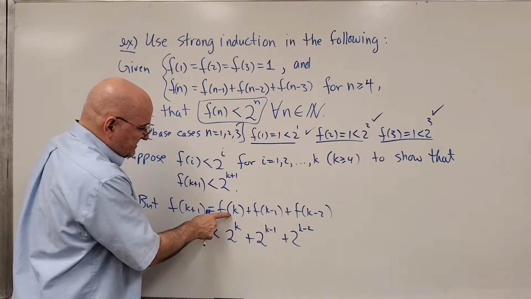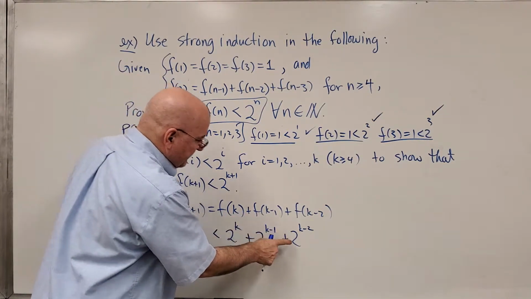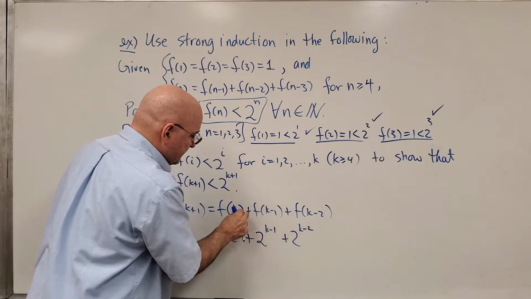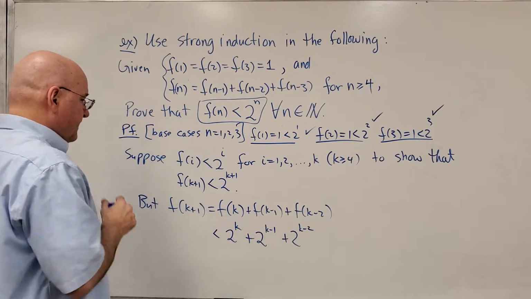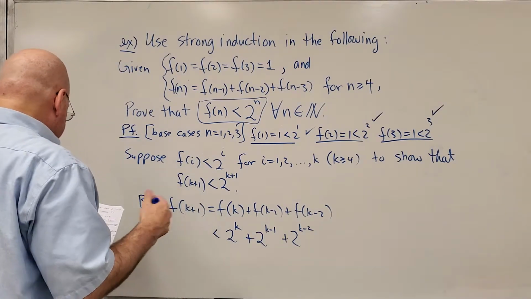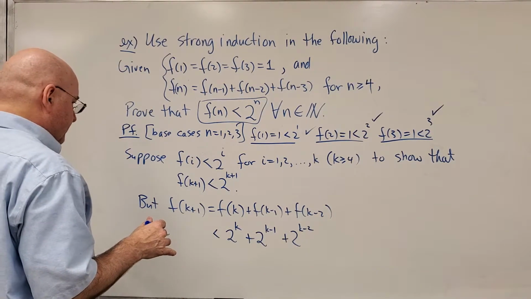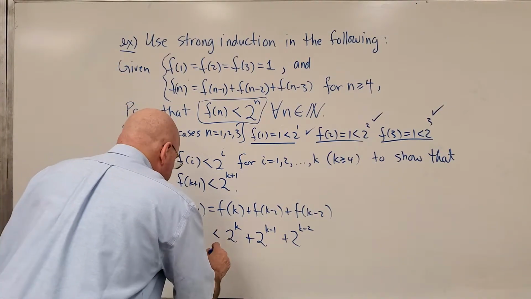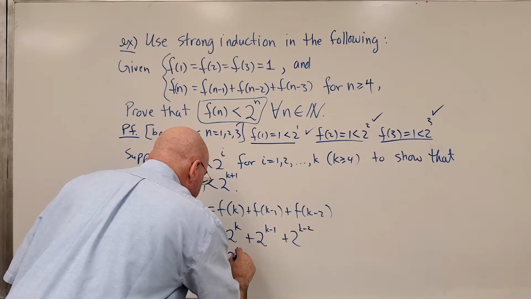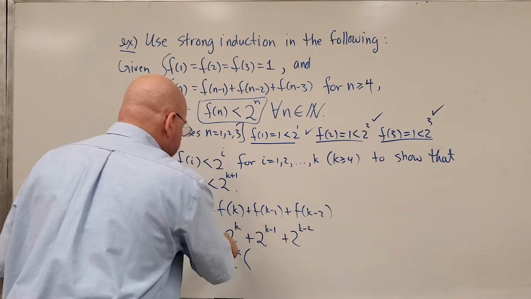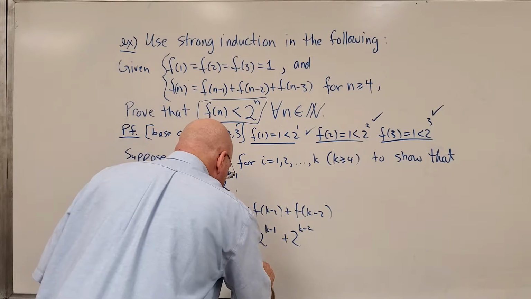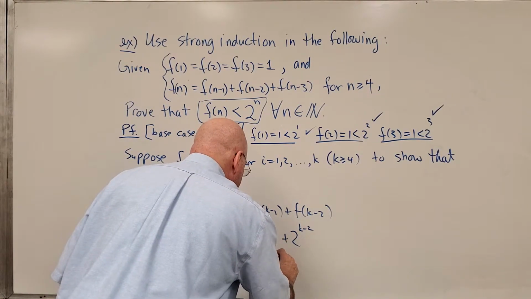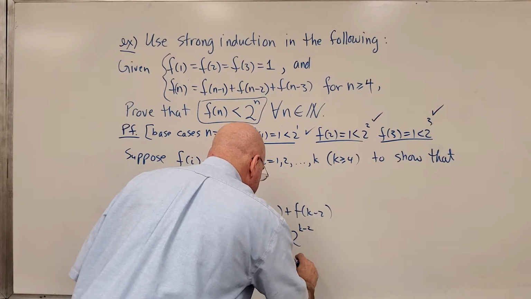Since this number is less than that, and this number is less than that, and this number is less than that, the sum of these 3 numbers is less than the sum of those 3 numbers. And at this point, I'm going to factor out a 2 to the k. So this is actually equal to 2 to the k times, starting off with 1, plus 2 to the negative 1, plus 2 to the negative 2.